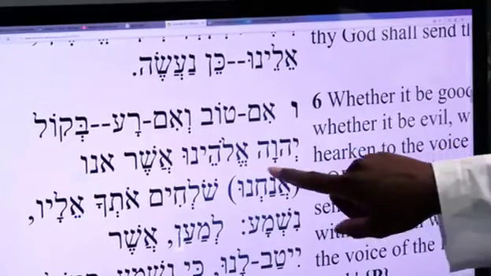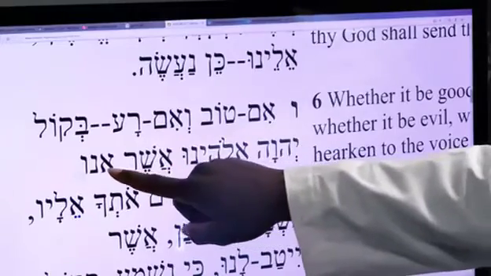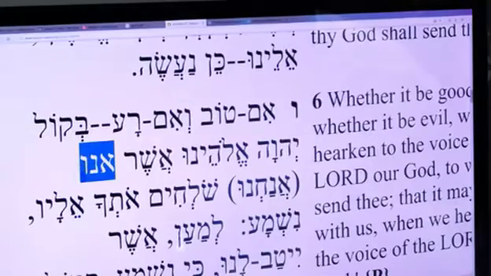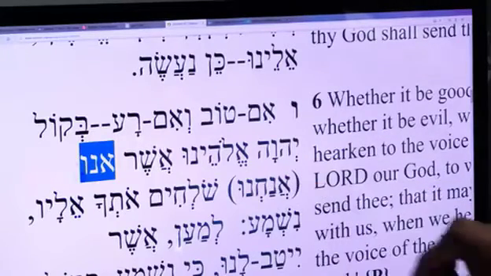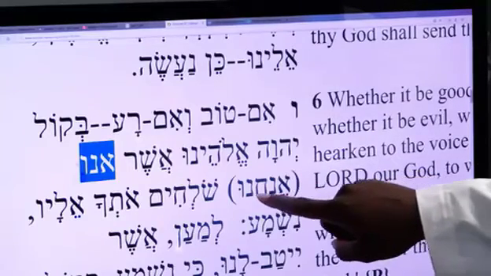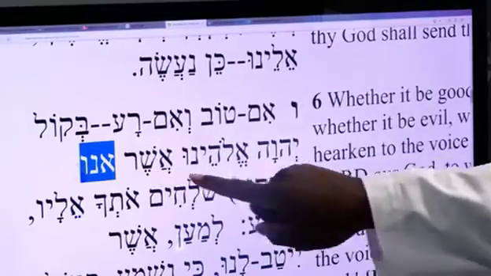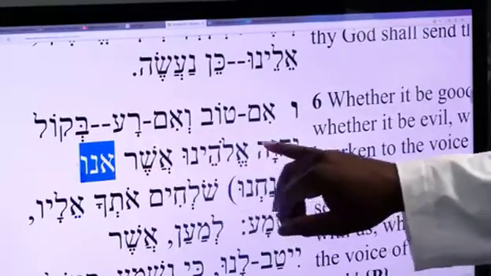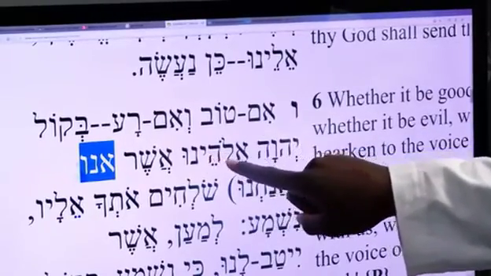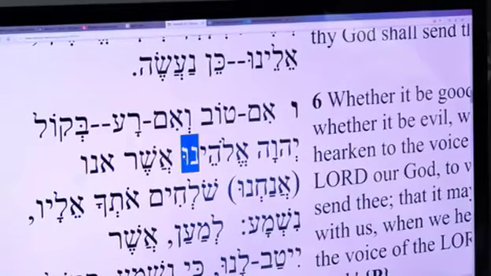All right? So it says here, Eloheinu, our God, asher, which, anawa, we. Okay? And then in the brackets you see anach nawa. Those are both the same word. So Eloheinu, which we showed you an example of last week, meaning our God. In our suffix lesson, we covered nawa, which means our.